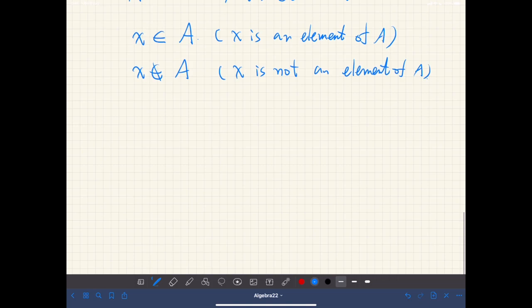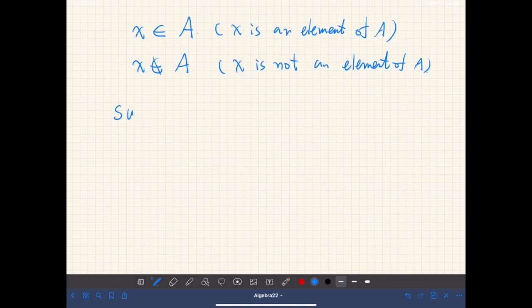Next, we define the notion of a subset. Let's say A and B are both sets.